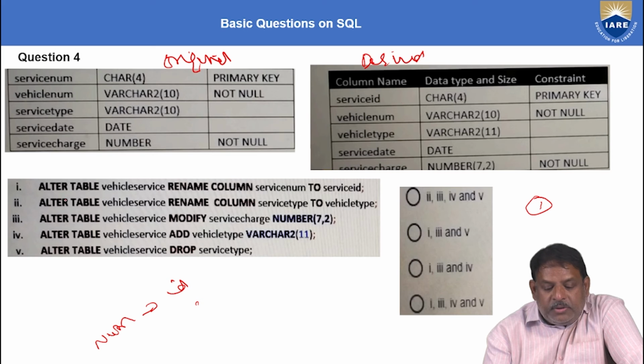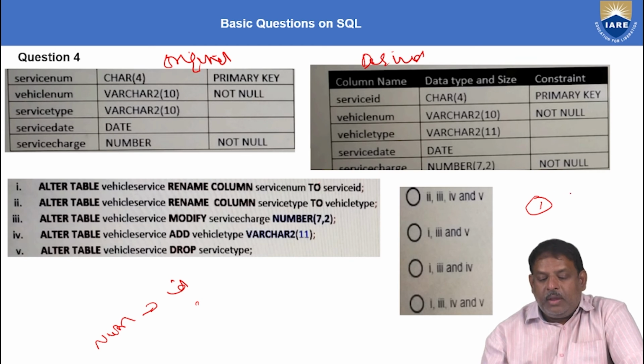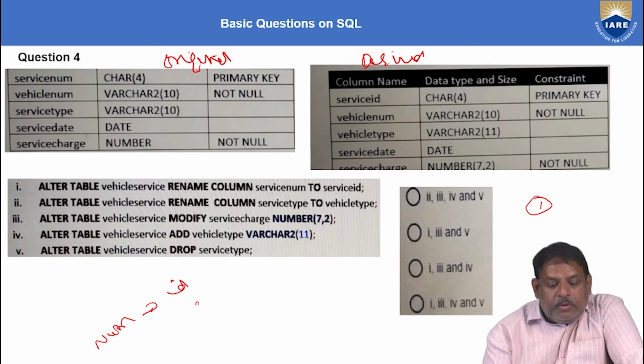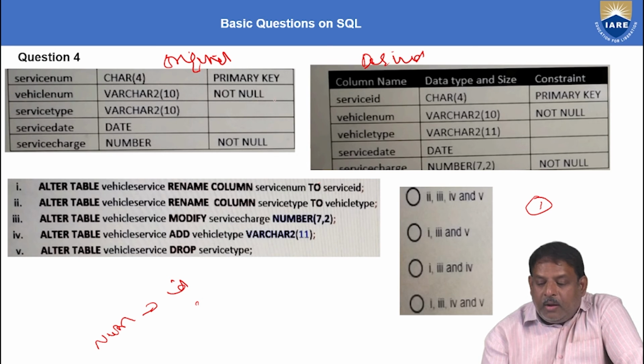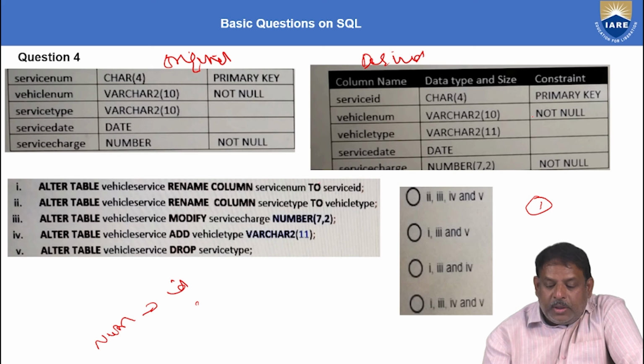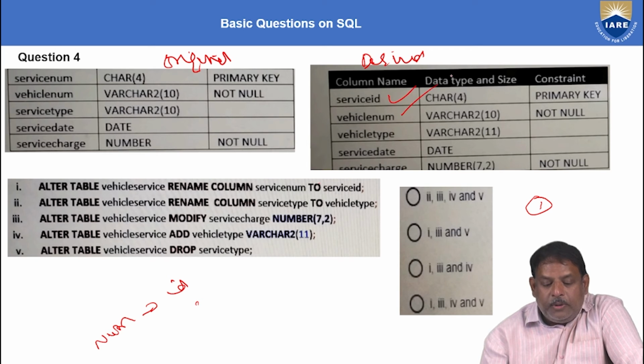So what is the first statement? ALTER TABLE vehicle service RENAME COLUMN service number to service ID. So one is a part of the answer. Okay. Next, vehicle num varchar 10 not null. So vehicle number is okay. So these two are okay till now. Next, service type is here.